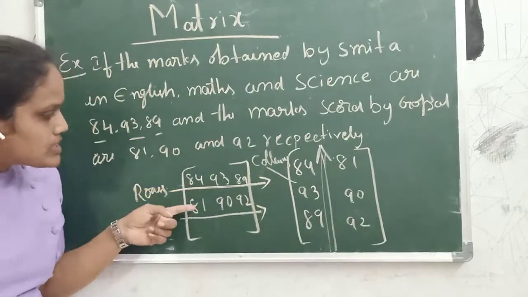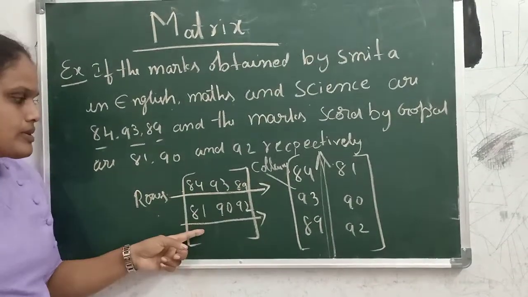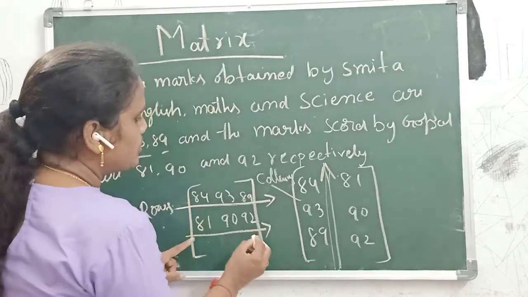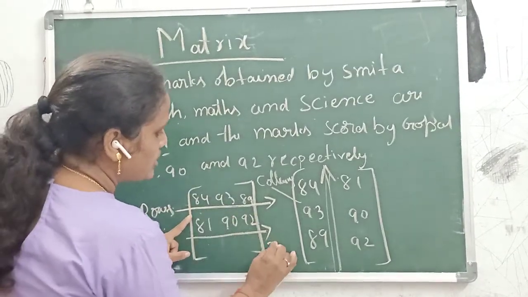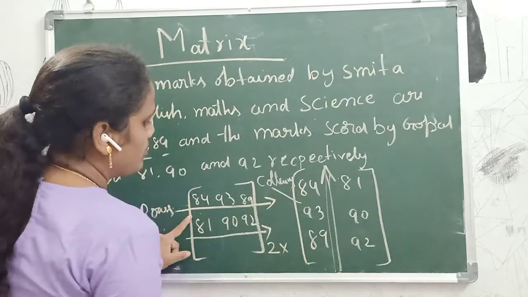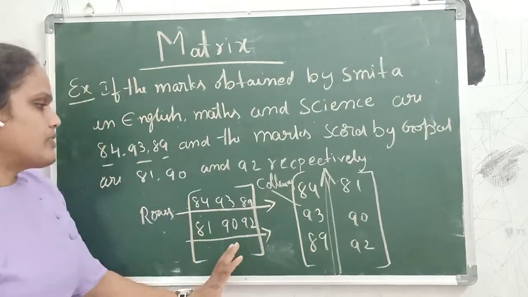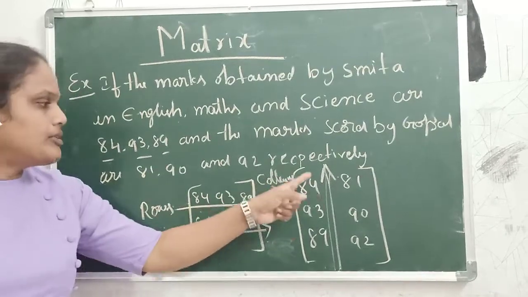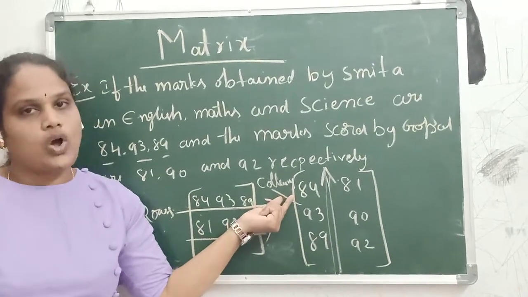Here how many rows are there? 2 rows. So this horizontal line of numbers is called the rows and vertical numbers are called the columns.